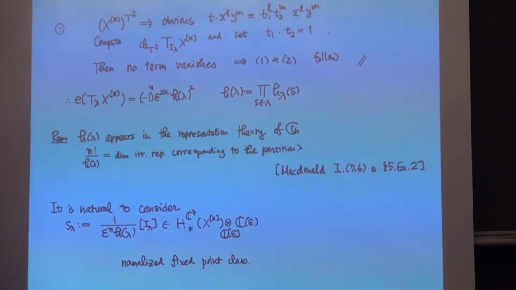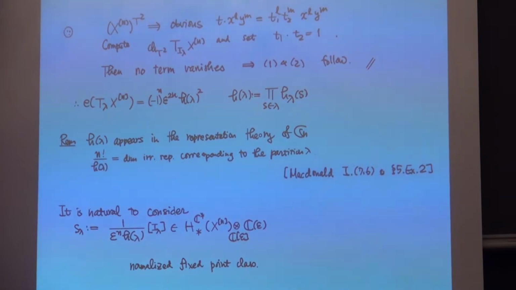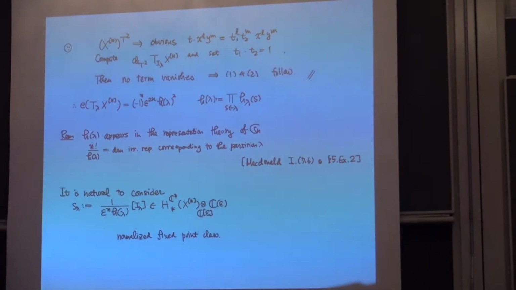Because the formula was T to the power h_lambda(s) plus T to the minus h_lambda(s), you get this formula.